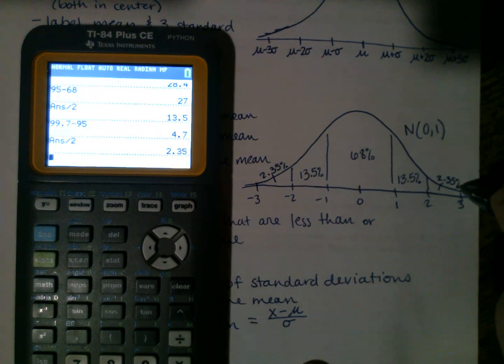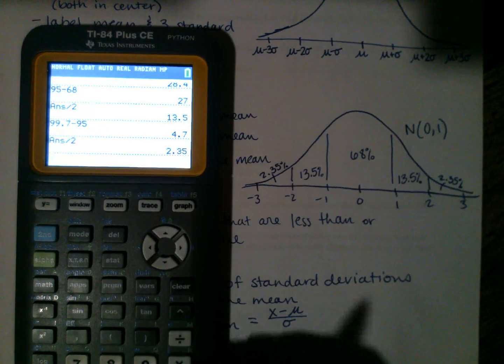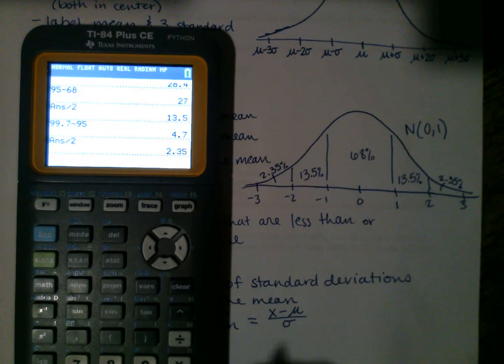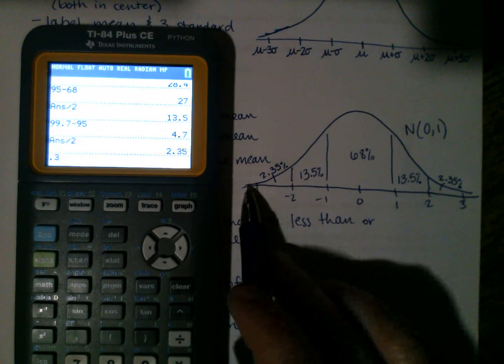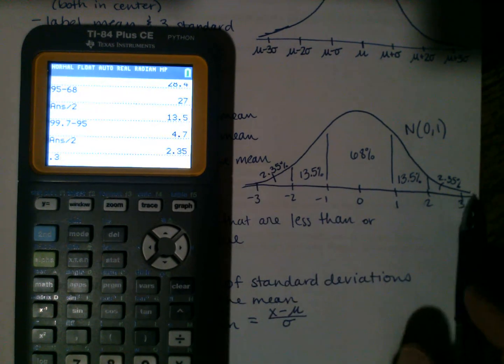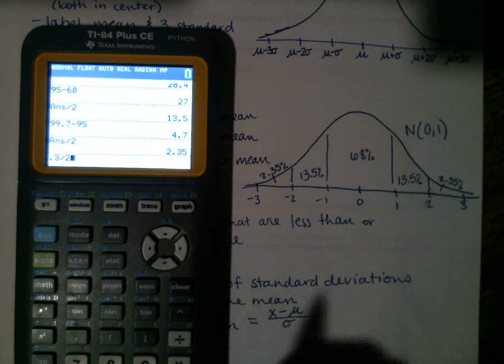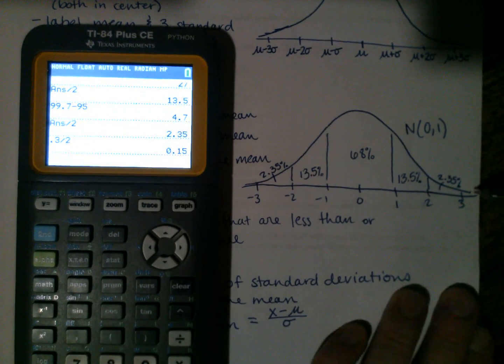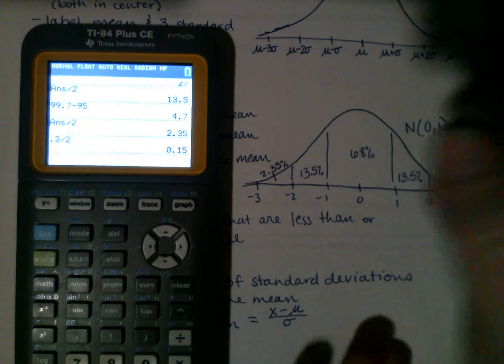And you'll notice we haven't quite gotten to 100% yet. We've gotten to 99.7. So that leaves me 0.3% for these tiny little areas outside of 3 standard deviations. And if I divide that by 2, that's 0.15%. That is a very, very small amount.